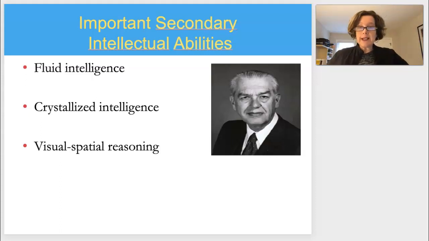So fluid intelligence, or capital GF, you might see that sometimes in an article, is your use of reasoning for problem solving, particularly to solve new or unusual problems. It's the ability to identify relationships between different concepts and to draw logical conclusions.